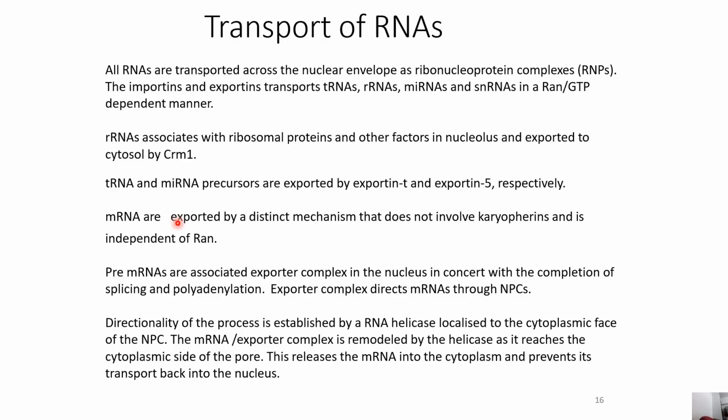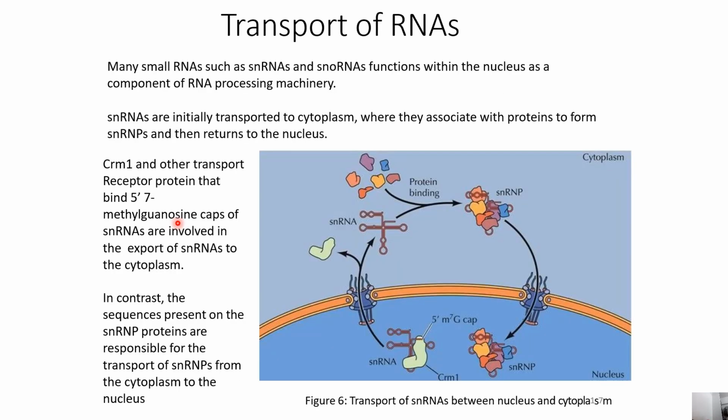Directionality of the process is established by an RNA helicase localized at the cytoplasmic face of the NPC. The mRNA exporter complex is remodeled by the helicase as it reaches the cytoplasmic side of the pore. This releases the mRNA into the cytoplasm and prevents its transport back into the nucleus.